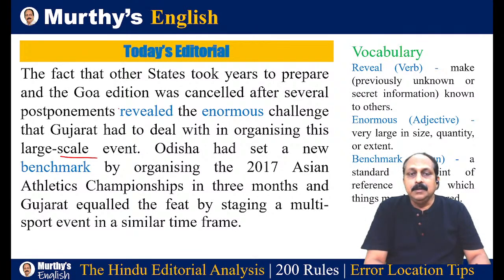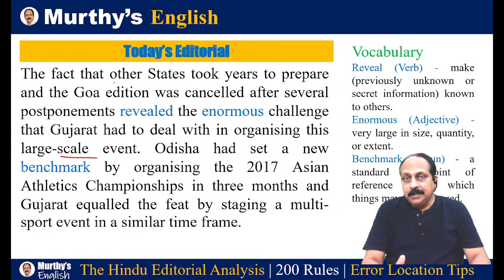That is one thing. And it revealed something: the event is enormous, and conducting or organizing that event is an enormous challenge. There are two words over here. One is reveal. Reveal means what? Disclose, make something public. Enormous means huge in size. The fact that other states took years, other states tried in the past, they took years together.